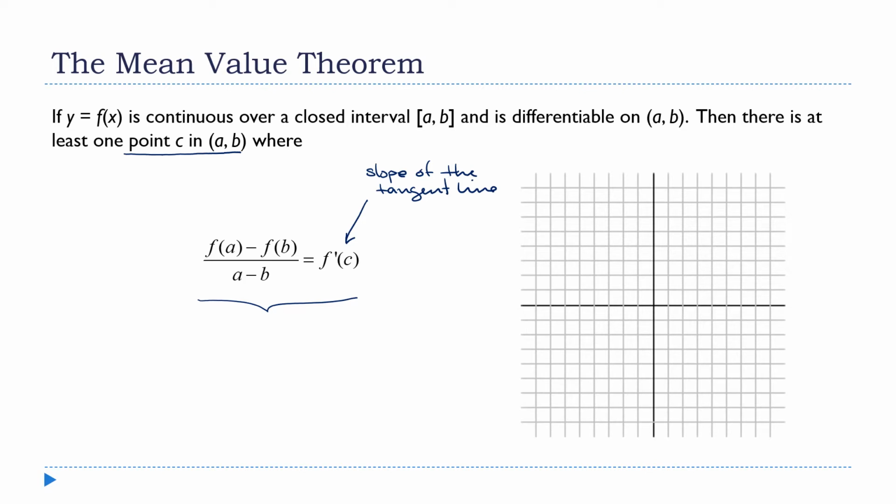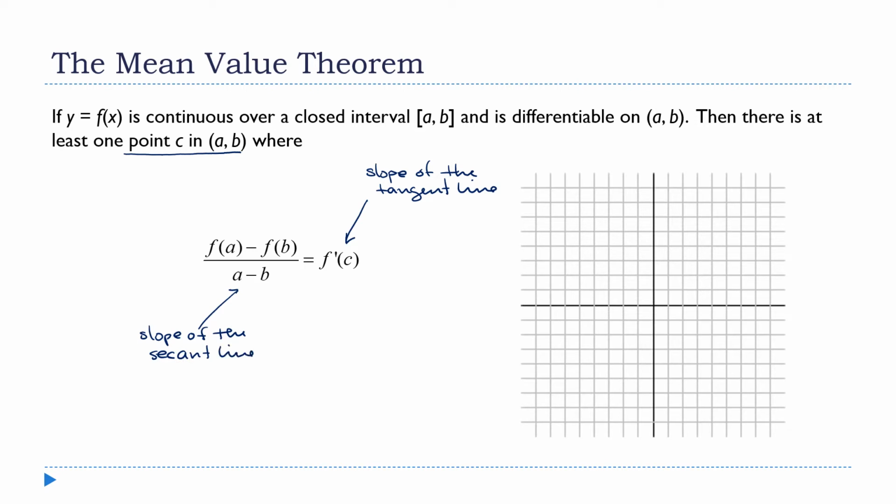And now this left-hand side here, flash back to the very beginning of class, before I even talked about what the derivative is. This (f(a) - f(b)) over (a - b), this is the slope of the secant line through the endpoints of the interval.